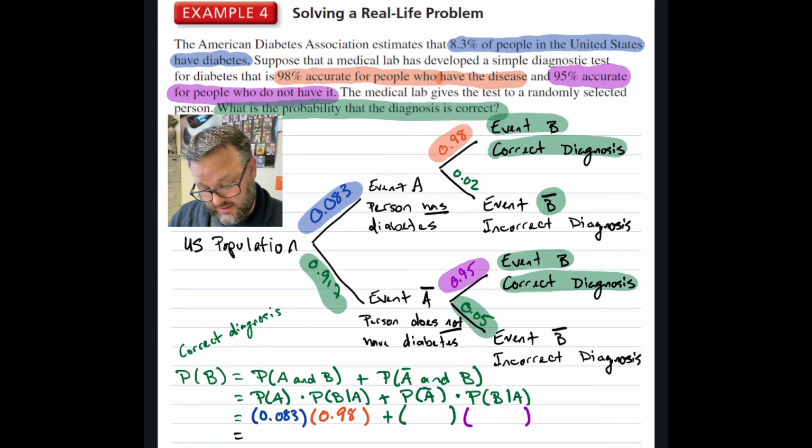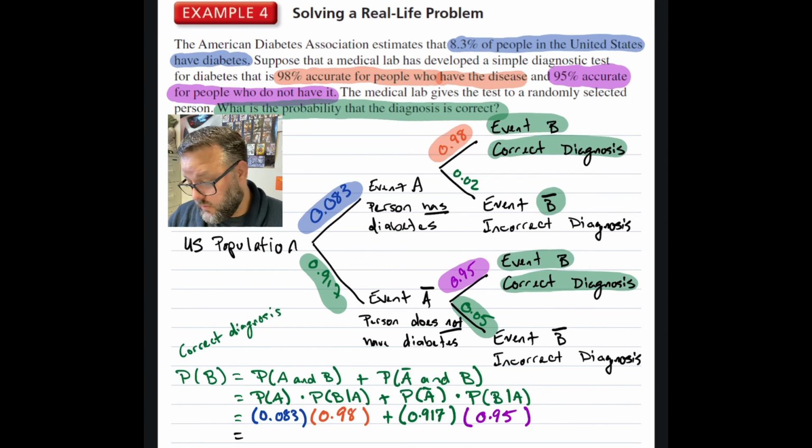We're going to add in not A, which is a 0.917 chance, and B after not A, 0.95. That means you were not diagnosed with diabetes and it was a correct diagnosis.